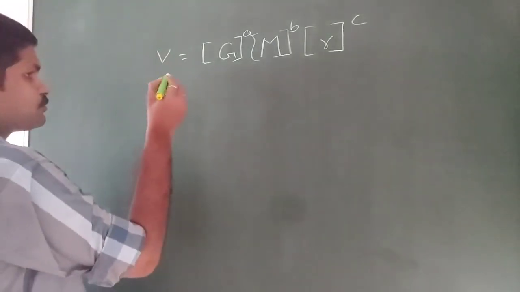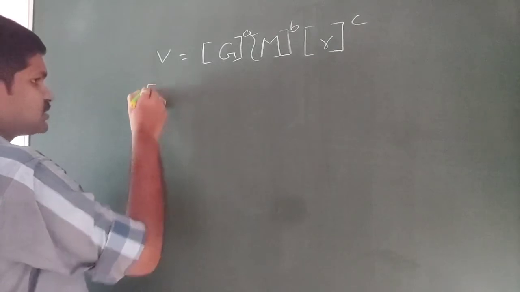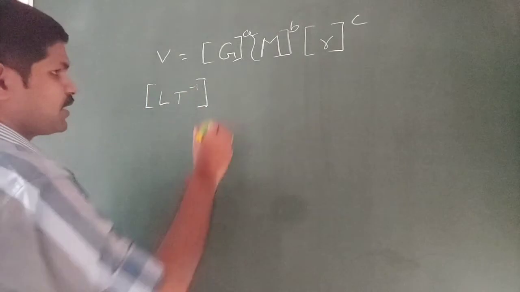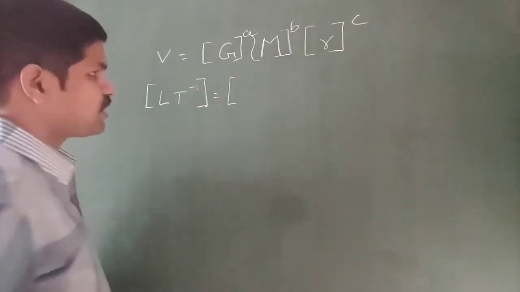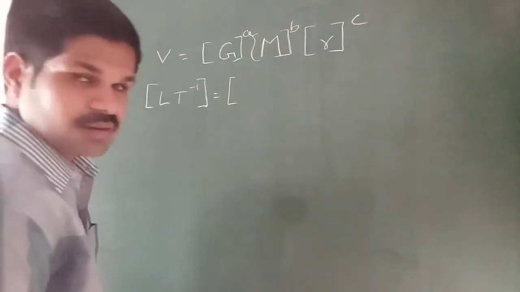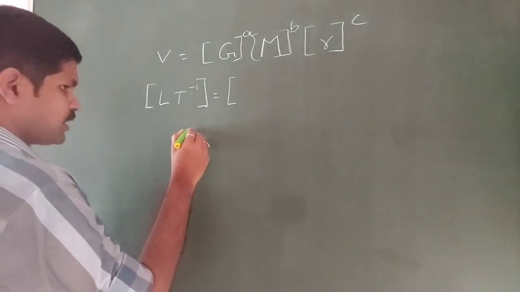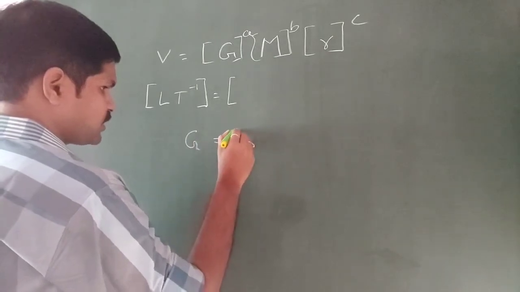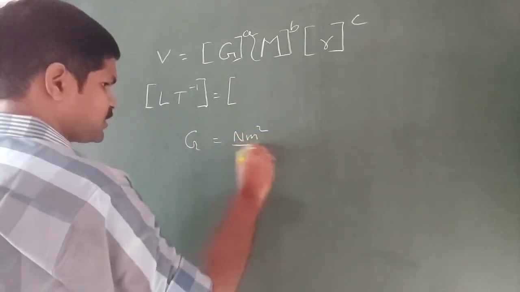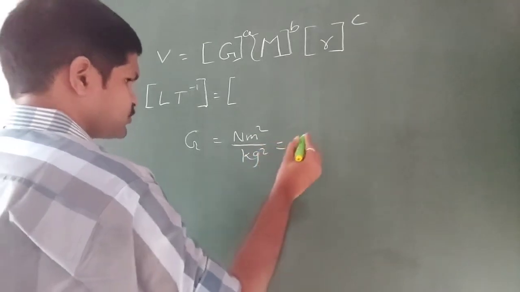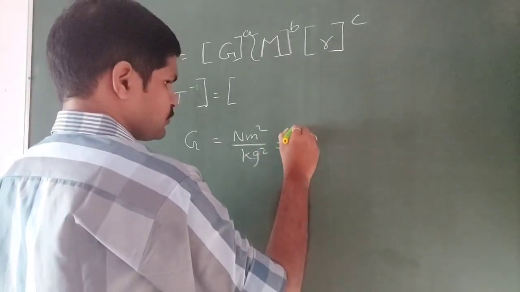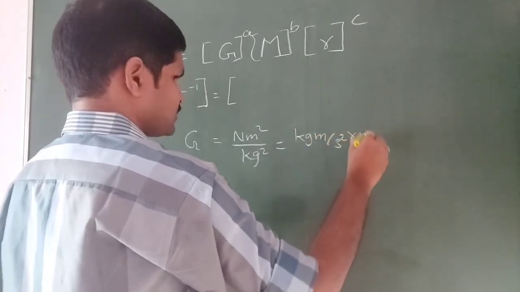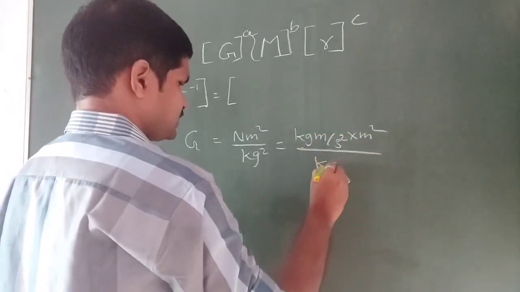We all know the dimensional formula for velocity is L T inverse, which is equal to the dimensional formula for G. So what is the dimensional formula for G? Let us quickly write here. It is Newton meter square per kg square, which is kg into meter per second square into meter square by kg square.